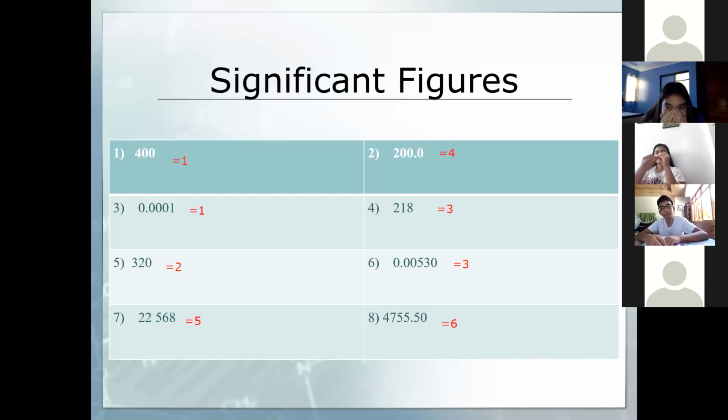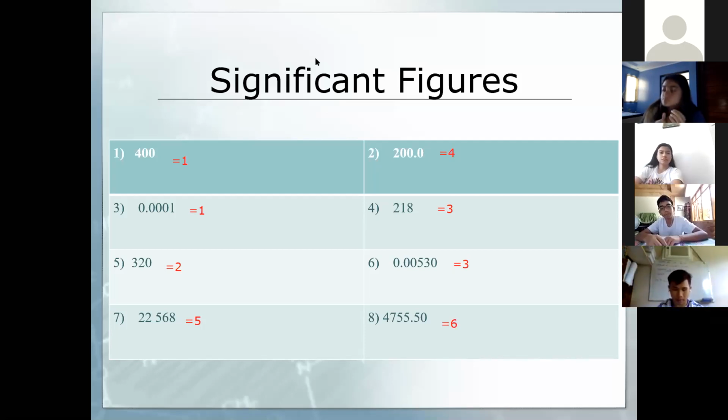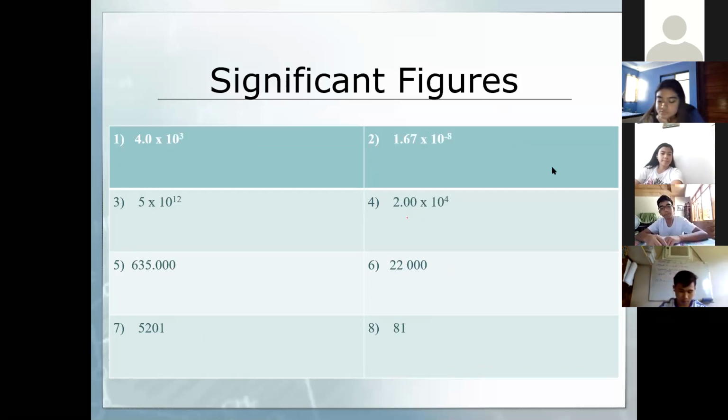And speaking of scientific notation, the next examples include a scientific notation. How many significant figures are there present in the following numbers?